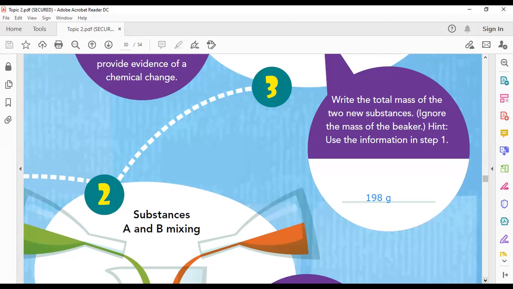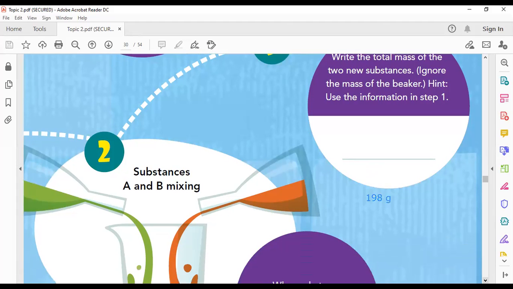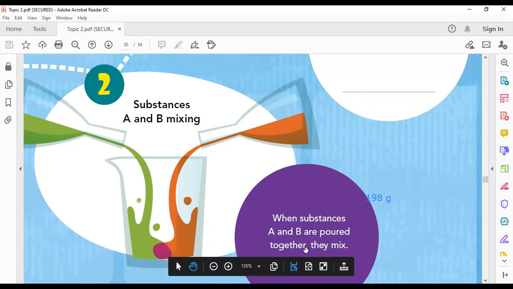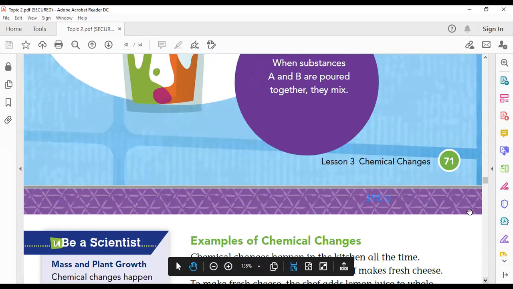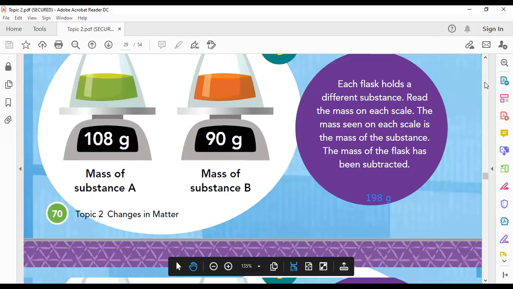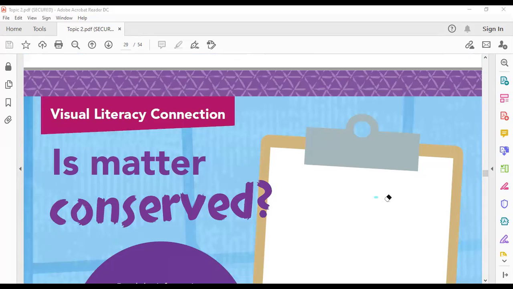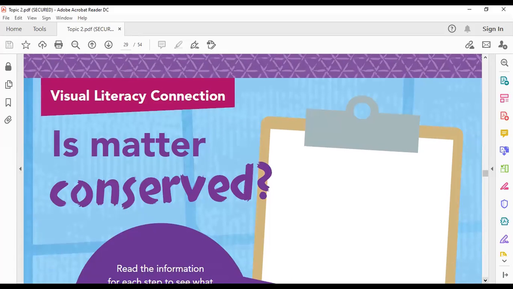طيب طيب when substances A and B are poured together they mix. Okay, طيب نرجع back to this page. يلا خلينا نعمل erase أول شيء. يلا can you write the equation؟ يلا شباب مين بيقدر يحكي لي الايكويشن هون؟ Can I? طلع again.